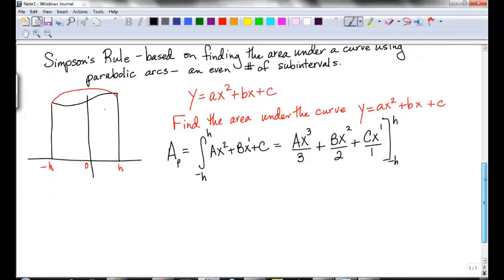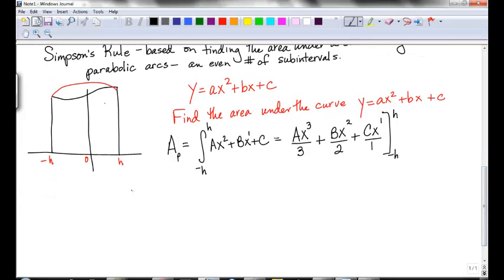So if we sub into this, we're going to sub h in first. We sub in the top one first. So you'd have Ah cubed over 3 plus Bh squared over 2 plus Ch. That's subbing in the h.